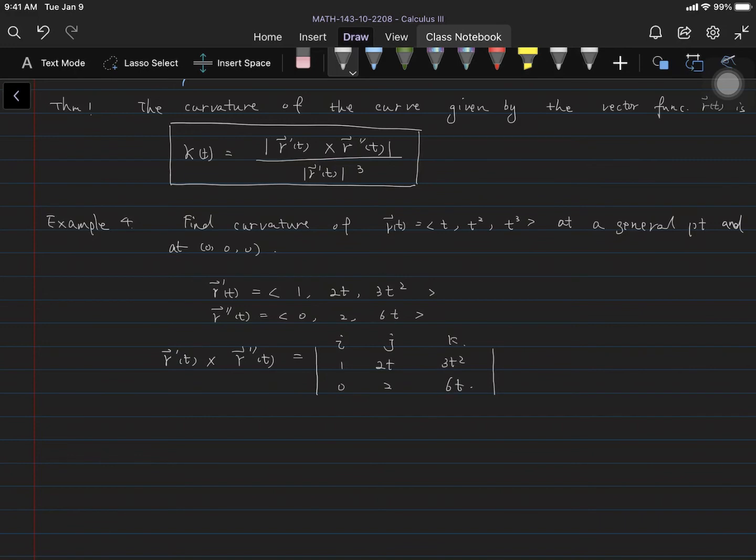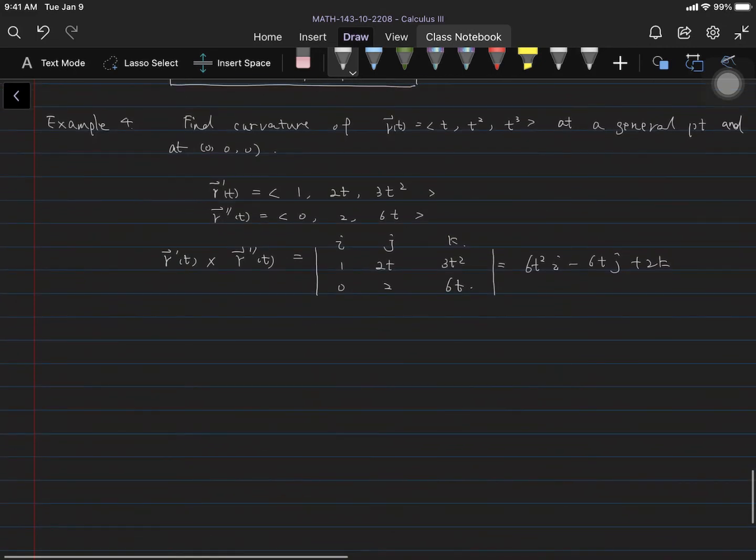Now let's do the calculation. For the i component, it's going to be 12t squared minus 6t squared, so 6t squared i. For the j component, it's going to be just 6t, but it's minus 6t j. For the k component, it should be 2 minus 0, so it's just 2k.